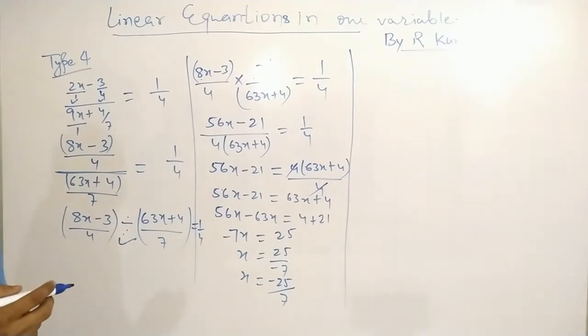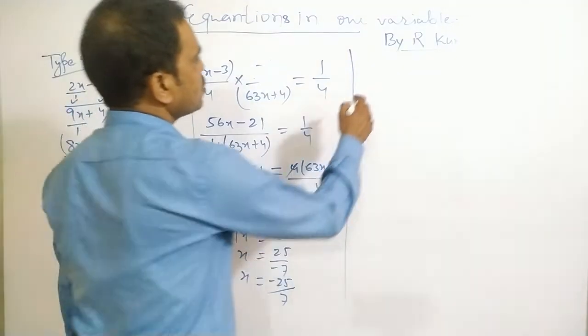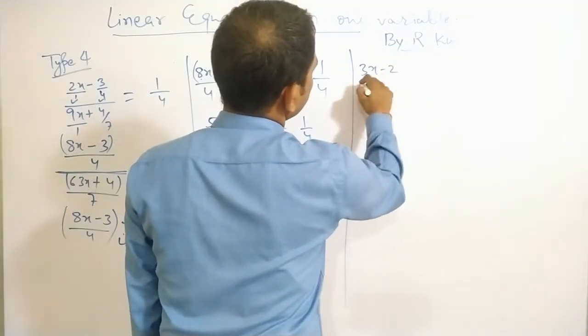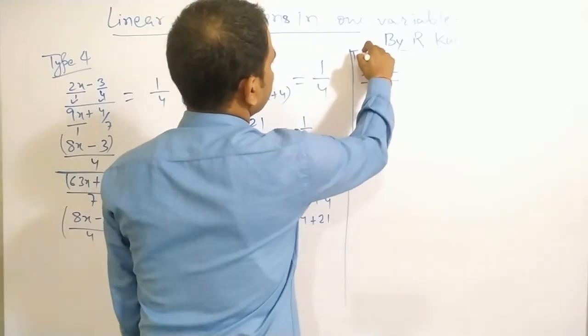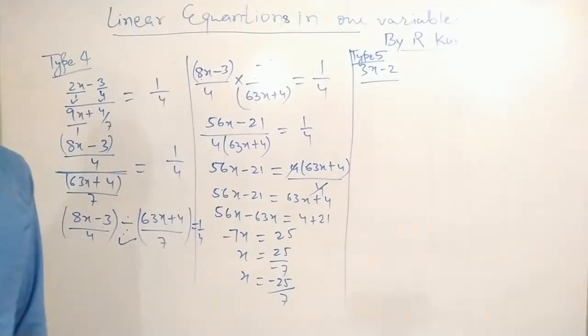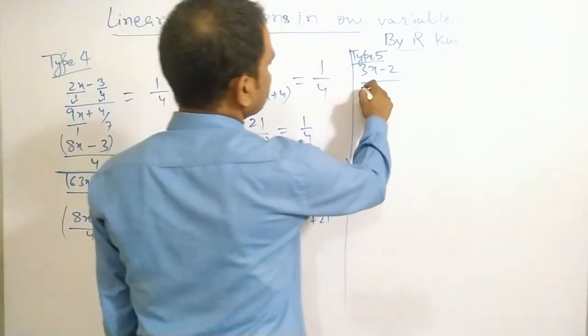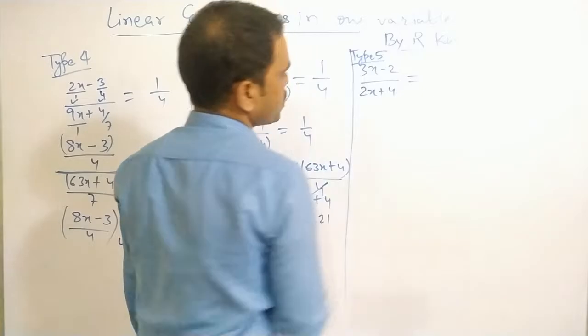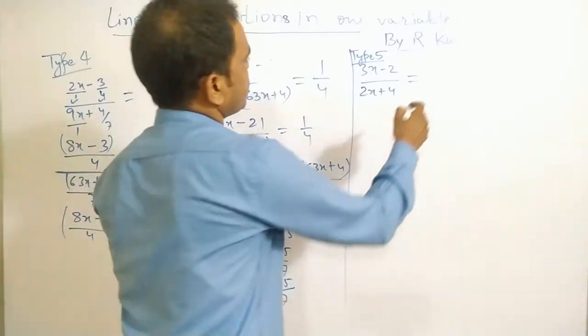Okay, I am writing a question: 3x minus 2 by, it is now type 5, 3x minus 2 upon 2x plus 4 equals 7 by 6.